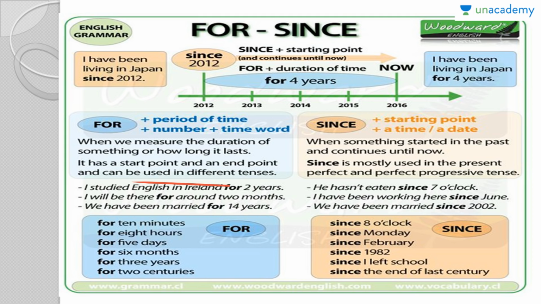While since may or may not have an end point, it may still continue. When something started in the past and continues until now, since is mostly used in the present perfect and present progressive tense. So I have been, you have been, they have been. Since is used in this particular tense generally.